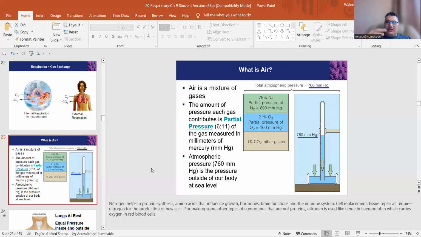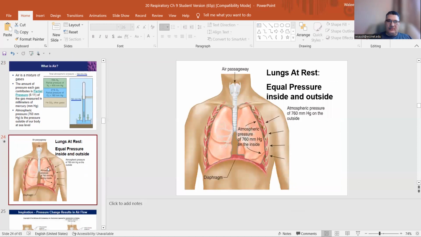The air pressure in the atmosphere is about 760 millimeters of mercury. You don't have to remember the number, but know that the air pressure in the atmosphere is called atmospheric pressure, while the pressure inside our lung is called the pulmonary pressure.